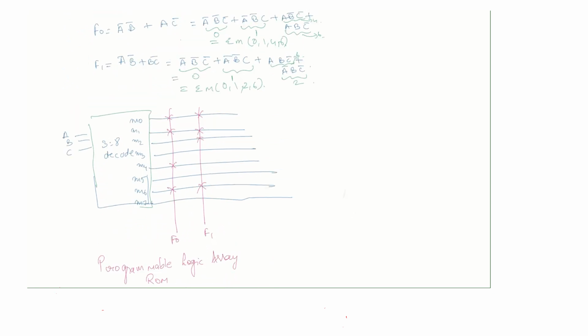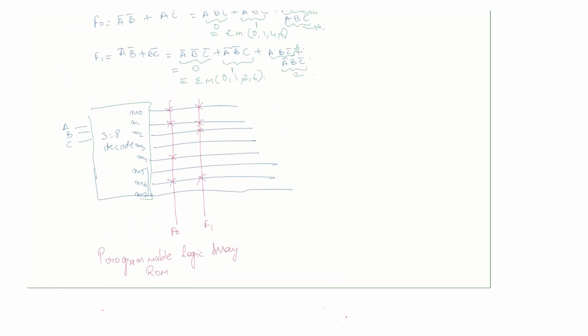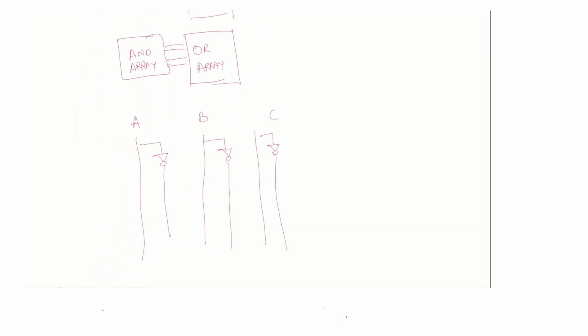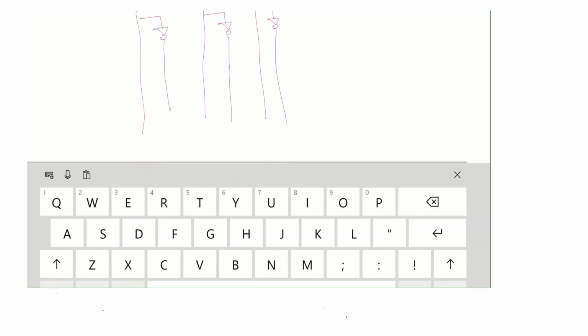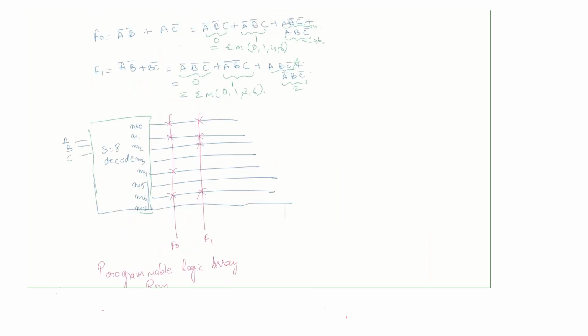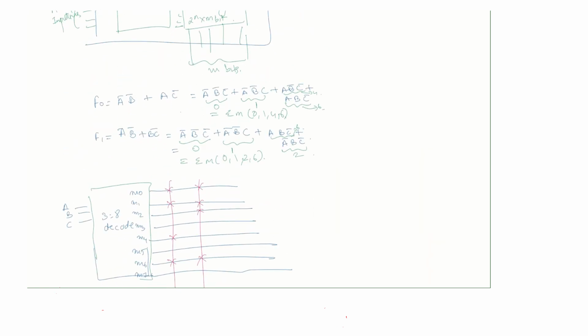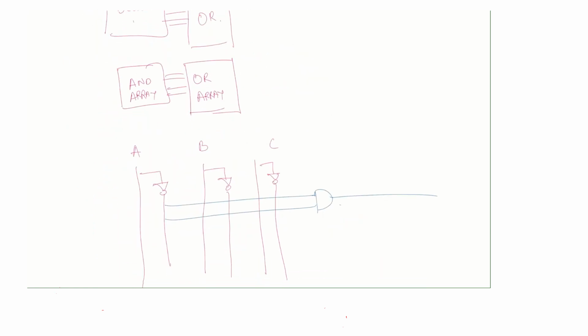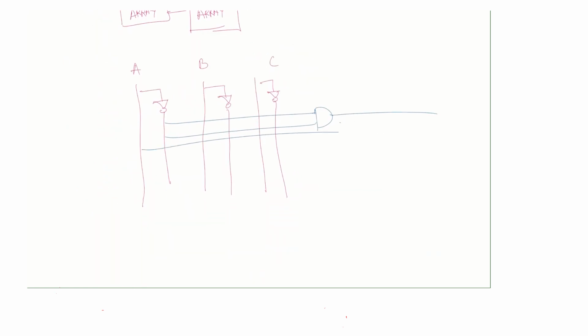The expression is A bar B bar plus AC bar. So I'll take A bar B bar, AND it and give that as the output. What's next? AC bar. So A C bar, I'll give this as the output.